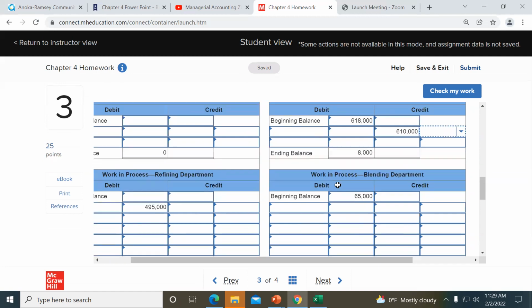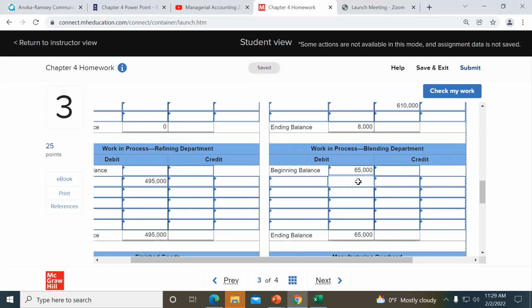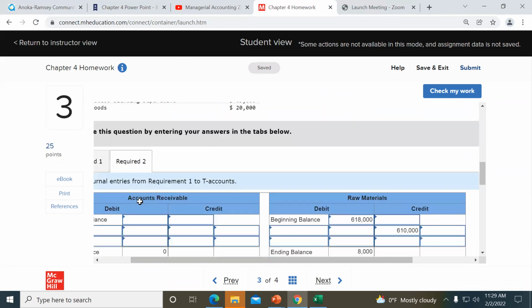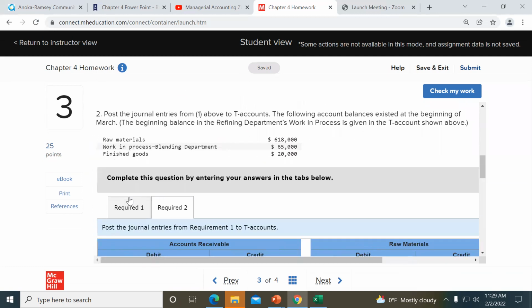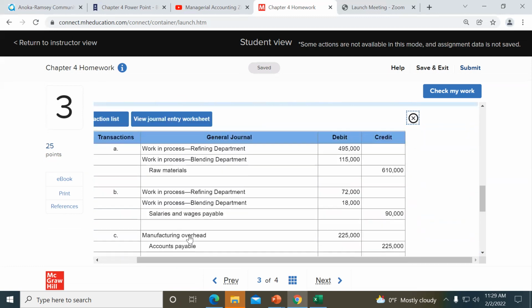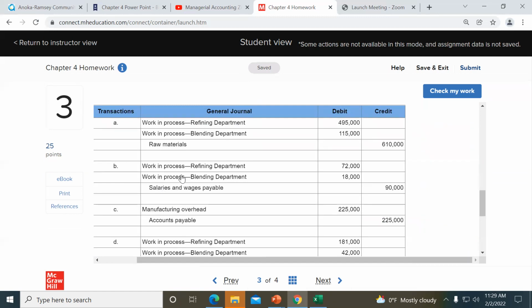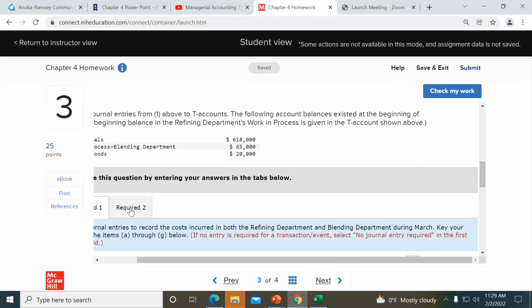Blending 115. See, all I'm doing is just transferring them. I'll do the same with the next one. B, work in process, refining 72, blending 18, salary and wages payable 90. 72, 18, 90.